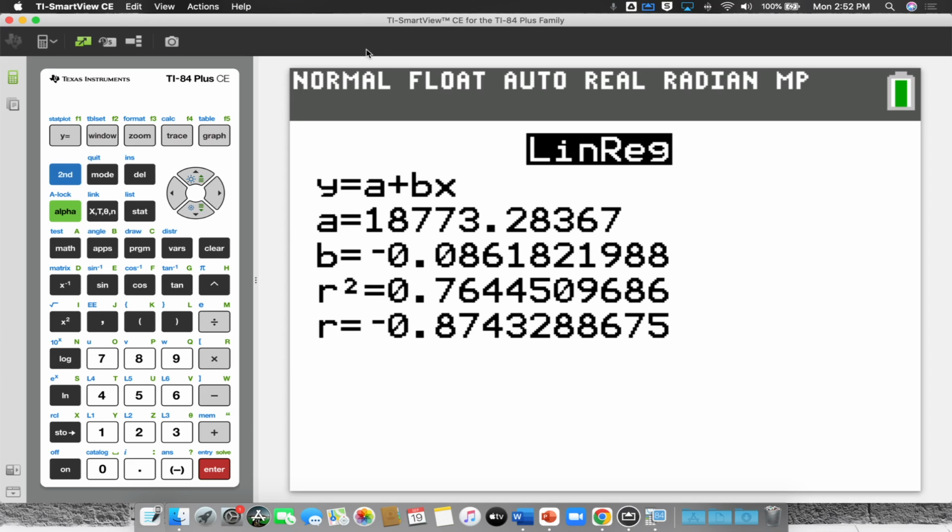B is negative 0.086. Always go 3 spaces past the decimal unless they tell you not to.